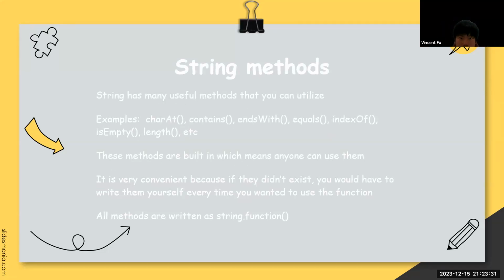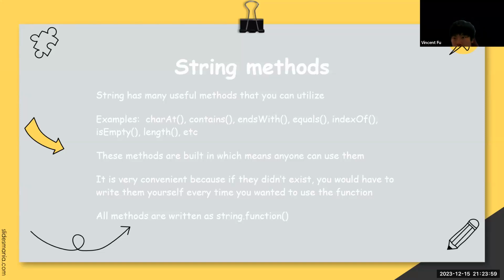Some examples of string methods include char at, contains, ends with, equals, and so on. These methods are built in, which means they're created by somebody else, and so you don't have to write any code yourself. You can just use the method for free essentially.